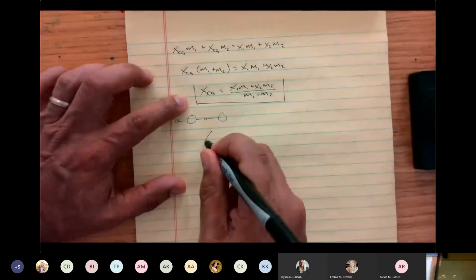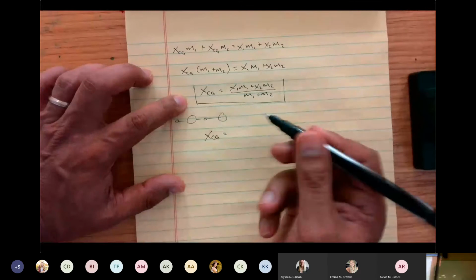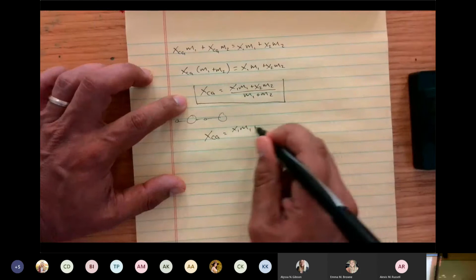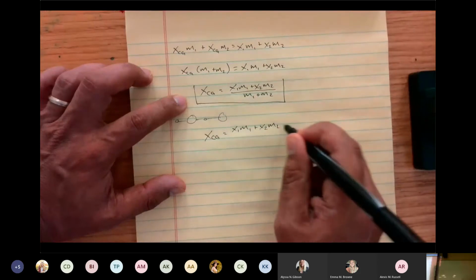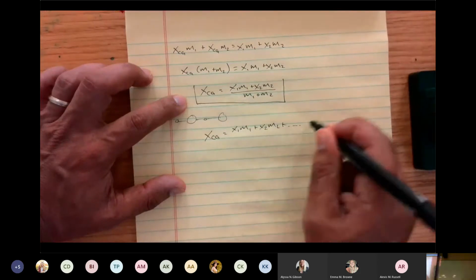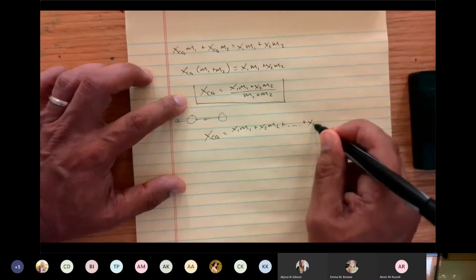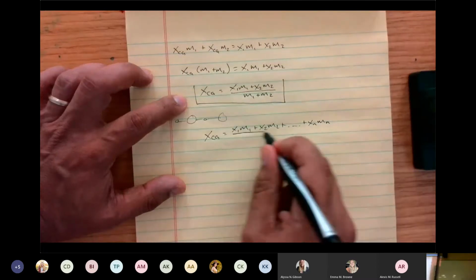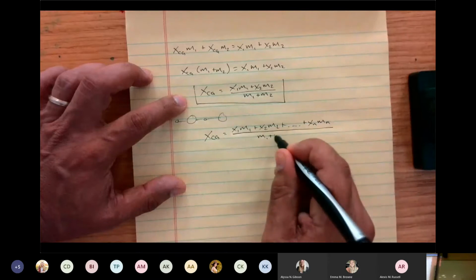So if you have more than 2 masses, you're going to have x1 m1 plus x2 m2 plus blah blah blah xn mn, and then you divide by the individual masses.